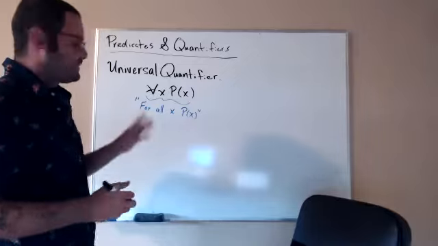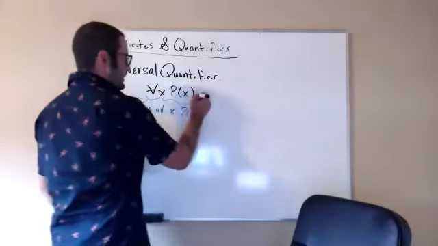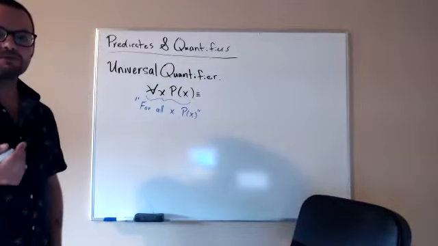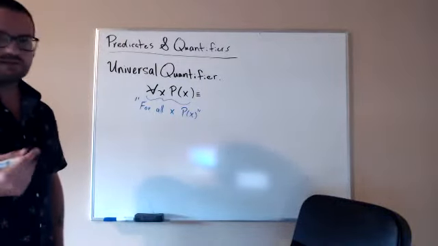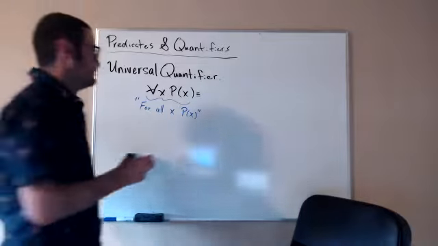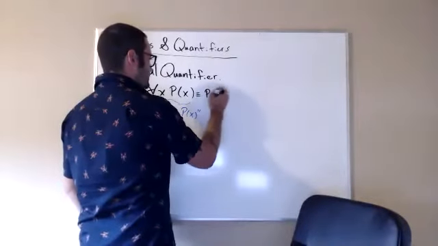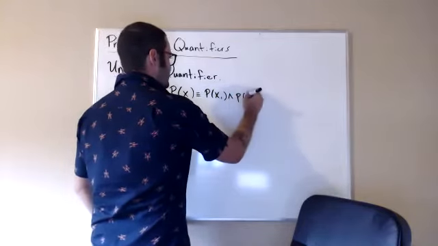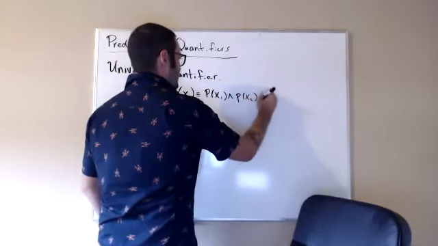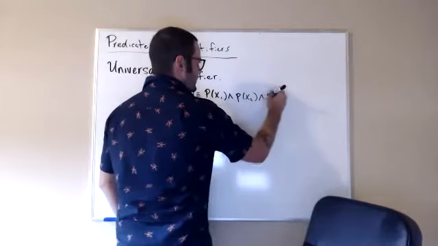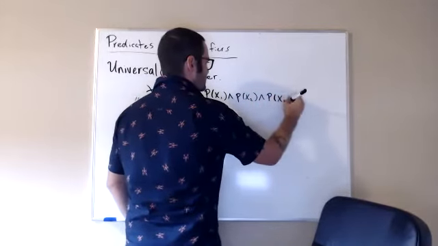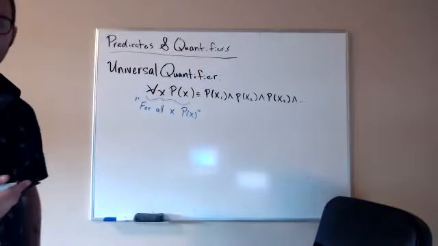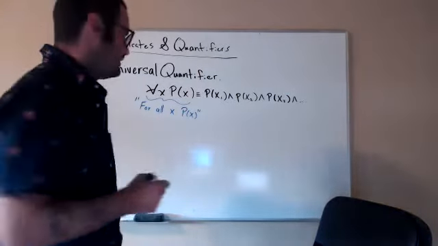And you can think of this as the conjunction operator over all possible x in the domain of P of x. So this would be like P of x1 and P of x2 and P of x3, and so on for all x sub i in the domain of P of x.